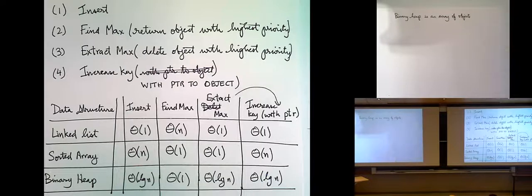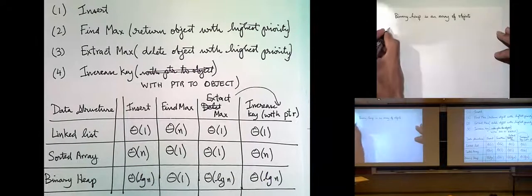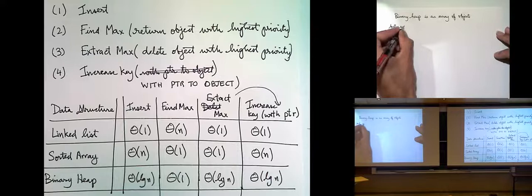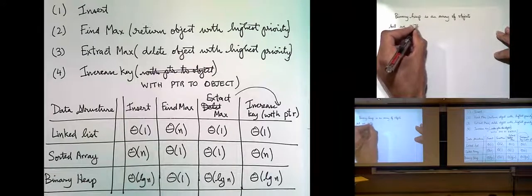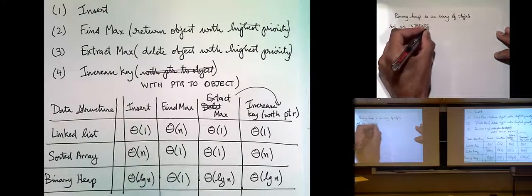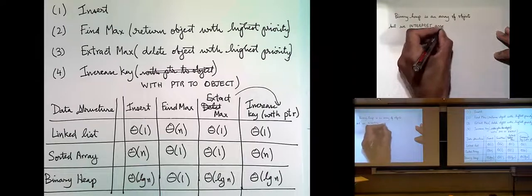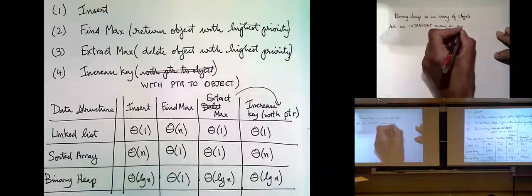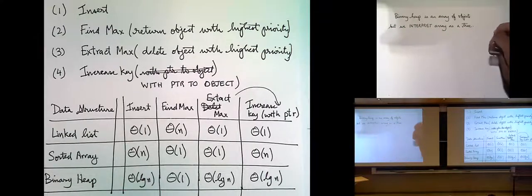It's just stored as an array, but we interpret the array as a binary tree. We're not going to store any pointers. There are no pointers, but we're going to think of the array as a tree.